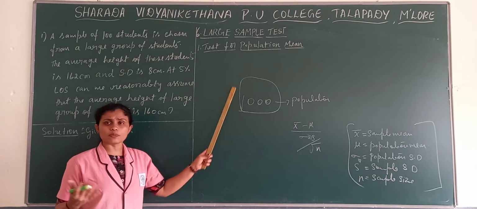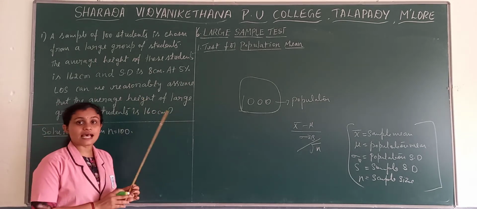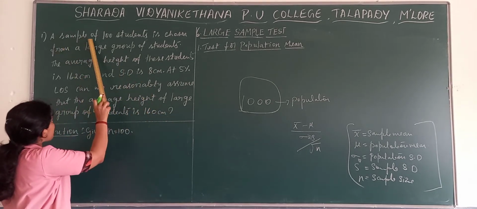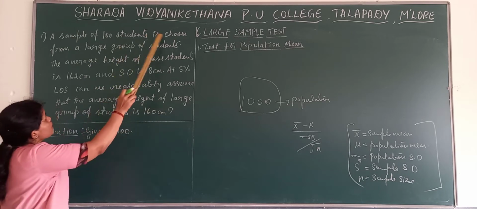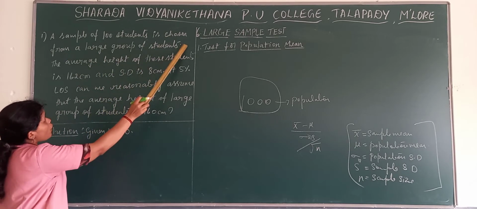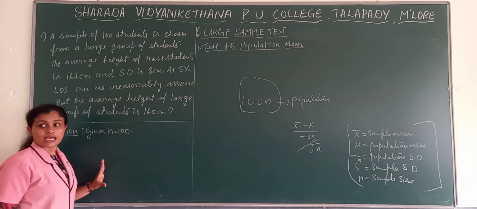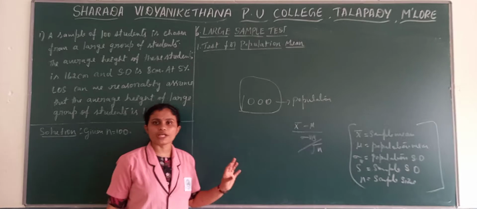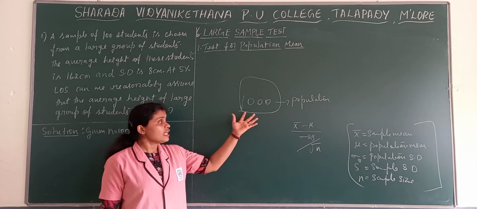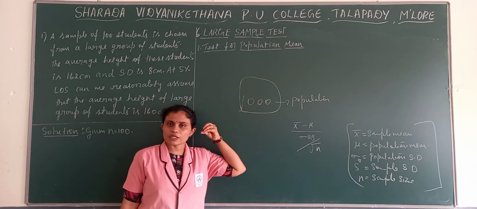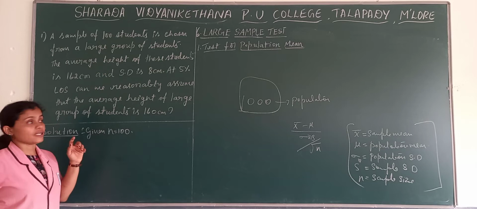The sample of 100 is chosen from a large group of students, and they have not told the size of that large group. Our population might be any number. We have chosen 100.